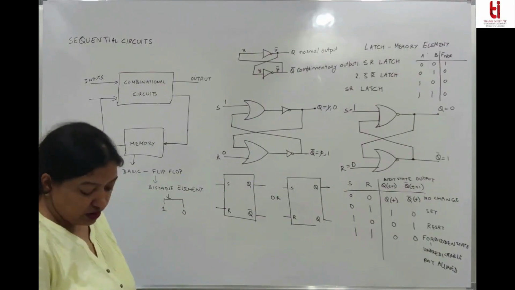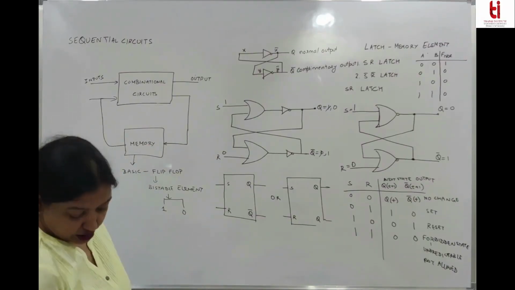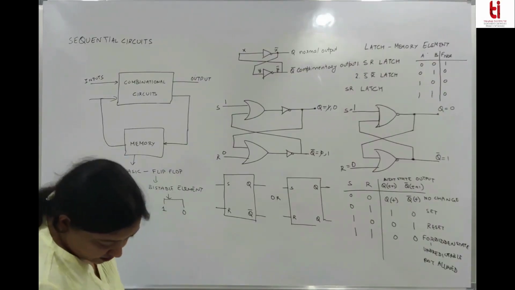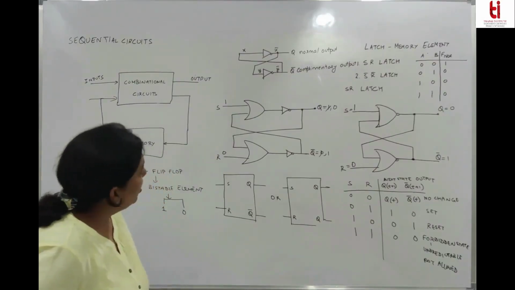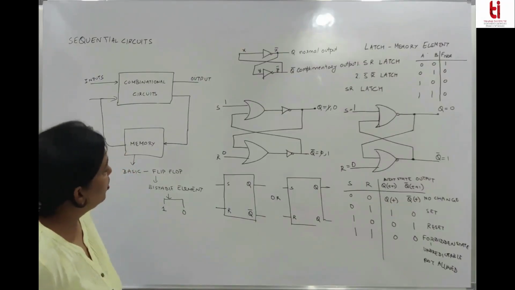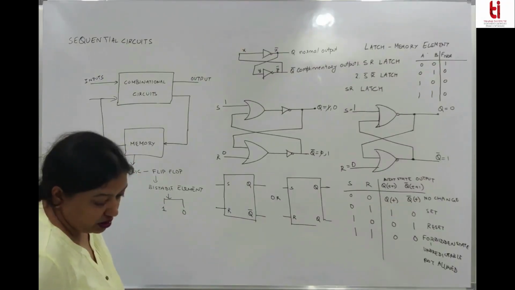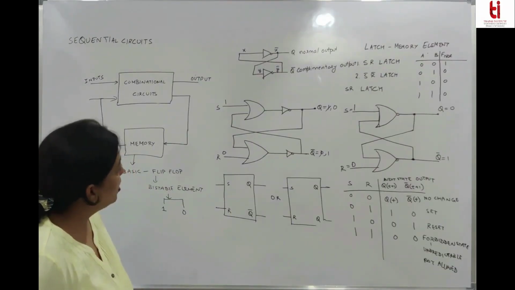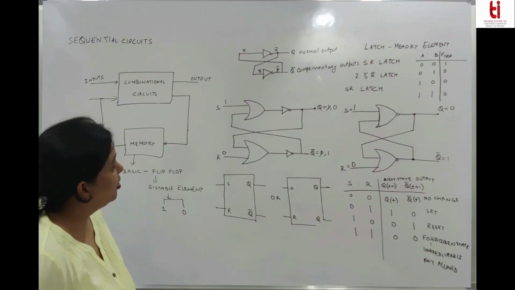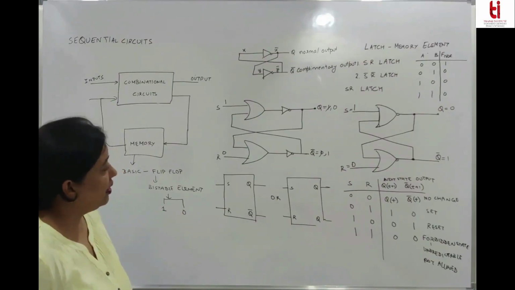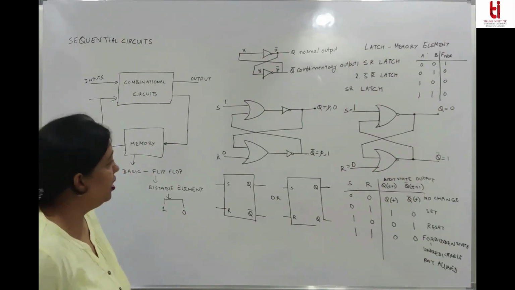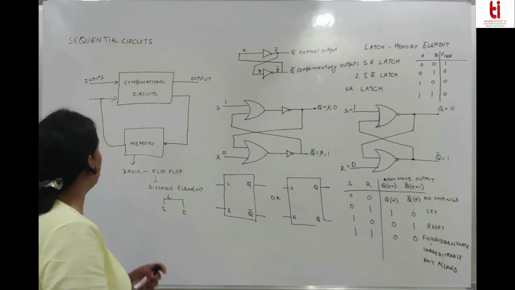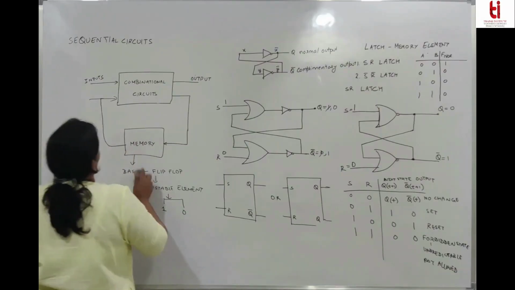Either S and R should be 0 0, or 0 1, or 1 0. So this is one type of latch, where we are using NOR gates. Another type of latch we have is a NAND latch.